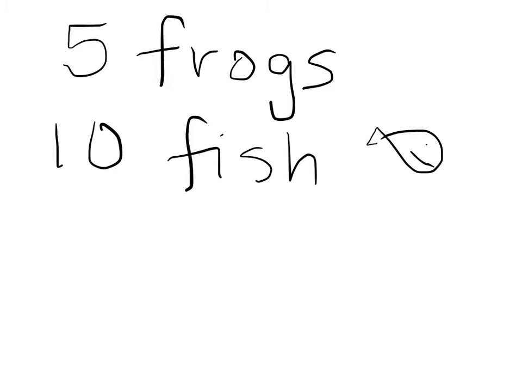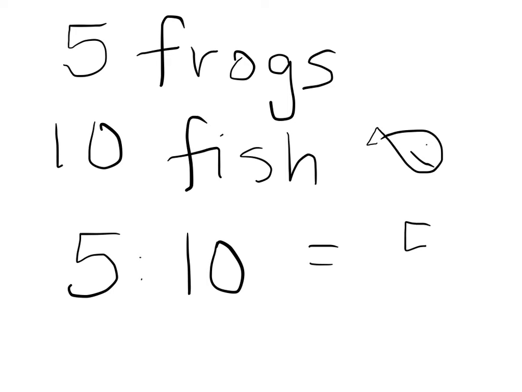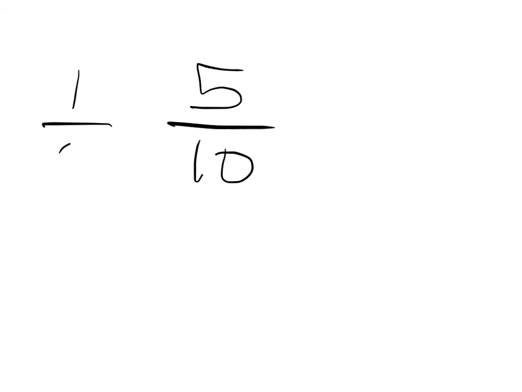So when I say I want to know what the ratio is for frogs to fish, we're going to say that there's 5 frogs to 10 fish. Okay, 5 over 10, right? 5 over 10 can go two ways as an equivalent fraction. We can say that an equivalent fraction for 5 over 10, or our frogs to fish, is half. We have half as many frogs as we do fish.